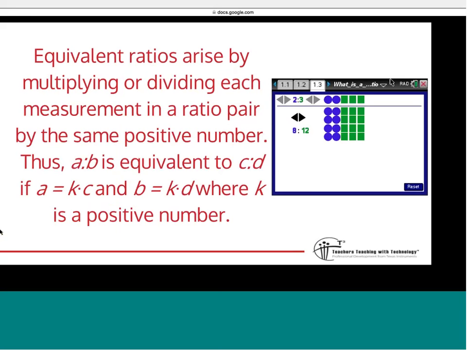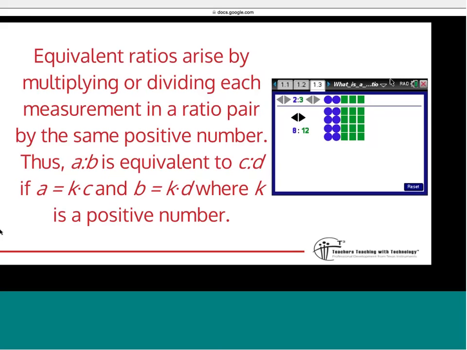This definition really makes use of the multiplicative nature of equivalent ratios, and that thinking is really critical. A firm understanding of its meaning tied to a visualization of what equivalent ratios actually look like can really help students avoid common misconceptions that we'll see in later ratio and proportional reasoning studies.